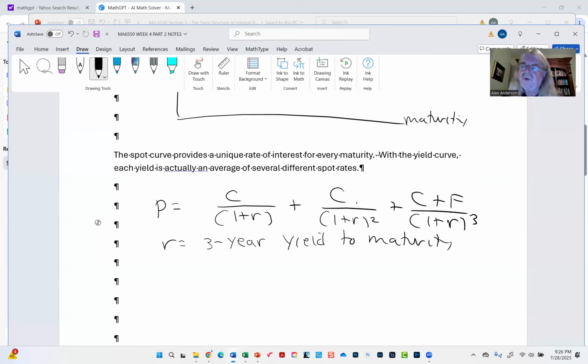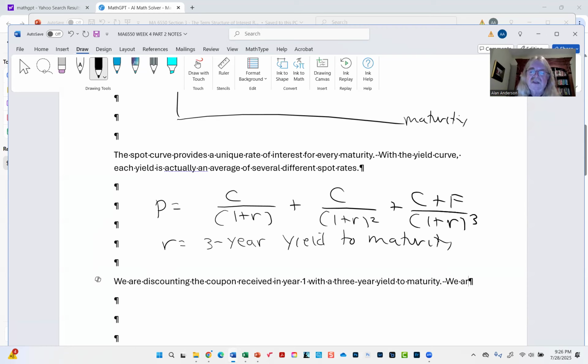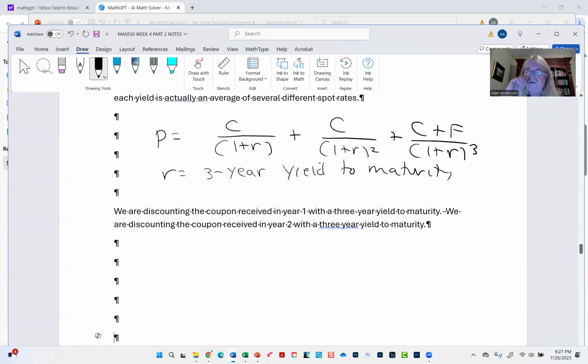Here's the part that seems a little strange. We are actually discounting the coupon received in year one with a 3-year yield to maturity. You're discounting the coupon received in year two with a 3-year yield to maturity. Well, that seems very strange. It doesn't seem very consistent. With spot rates, here's how it actually works.